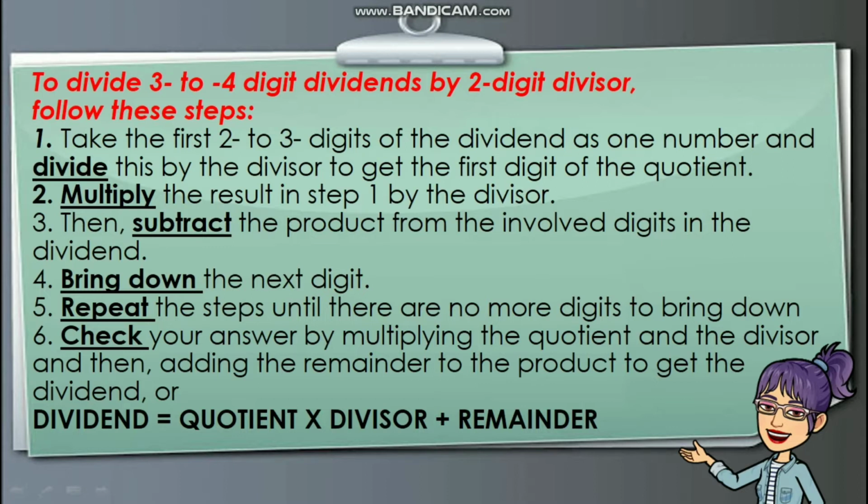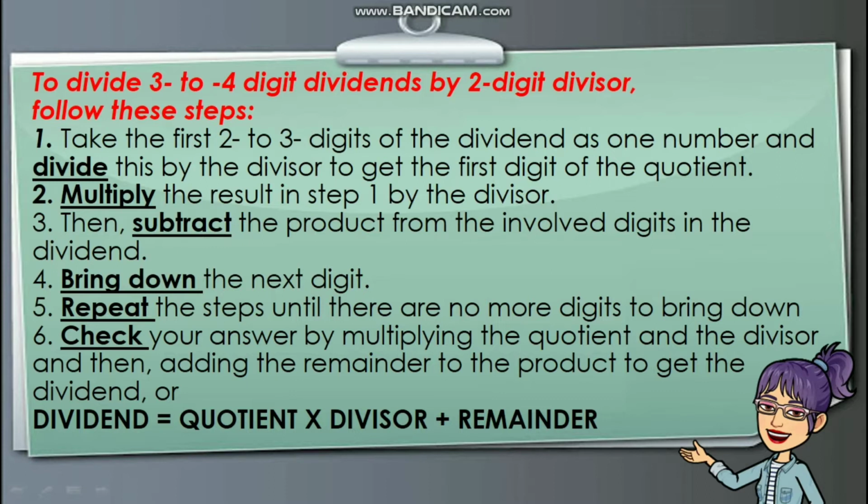Step 6. Check your answer by multiplying the quotient and the divisor, and if we have a remainder, add the remainder to the product. The answer should be the number in the dividend. If we look closer at the steps, I have underlined words, and that will really help us.